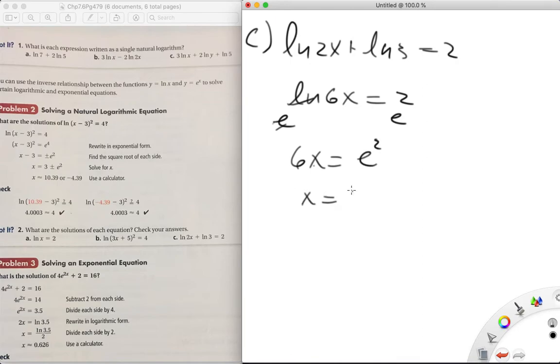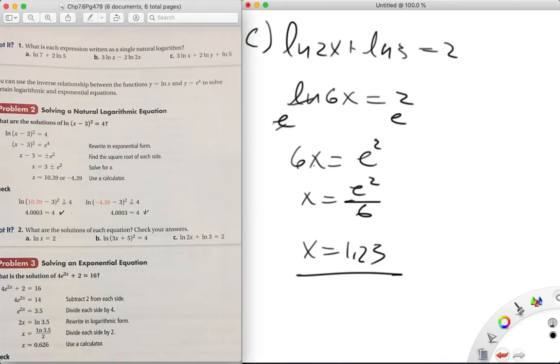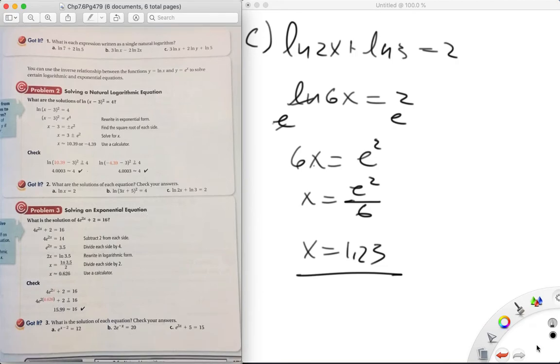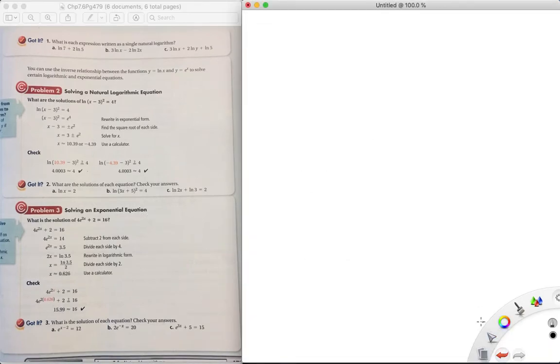So x is equal to e squared over 6, and I get that x is equal to 1.23. Again, same properties for a natural log apply to a regular log, or regular log apply to natural log.